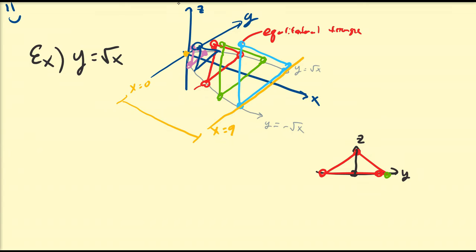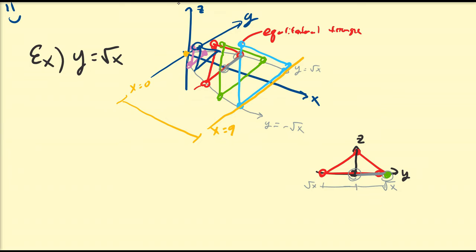The distance from this point to this point is the same as the distance from this point to that point. These distances represent the same exact thing. This point right here is the square root of x, so the distance from here to here is also the square root of x.